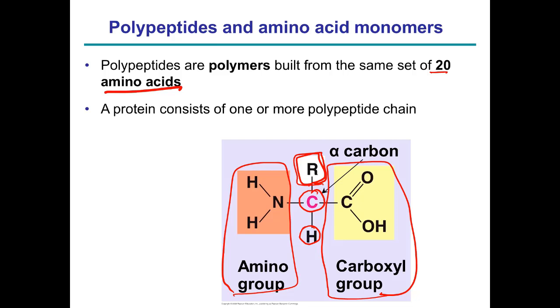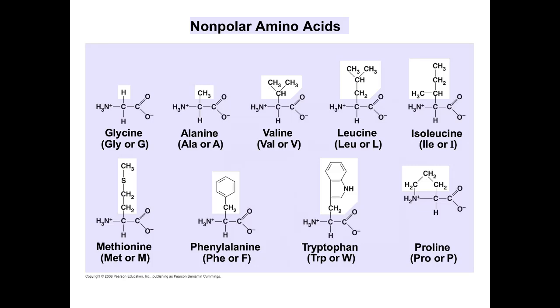For example, the R group of an amino acid could be a non-polar R group, and therefore these amino acids are termed non-polar amino acids. The example is glycine, where the R group is just a hydrogen. You have alanine, where the R group is just a methyl group, and so on and so forth with valine, leucine, isoleucine, methionine, phenylalanine, with tryptophan and proline.